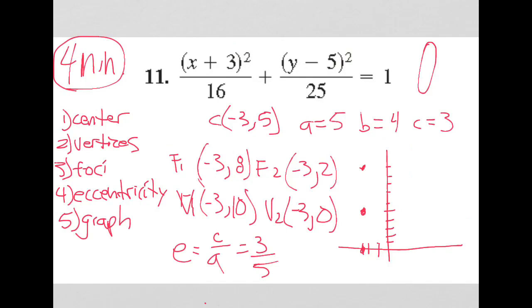Minor axis is 2 times 4, so I'm going to go over 4 to get my first co-vertex right there, and then 1, 2, 3, 4 in the other direction to get my second one. My two foci will lie in line with my major axis, which is vertical, and we already said that was at a y value of 8, and the other one at a y value of 2. So I can sketch it in like that. There we go, and we are happy.